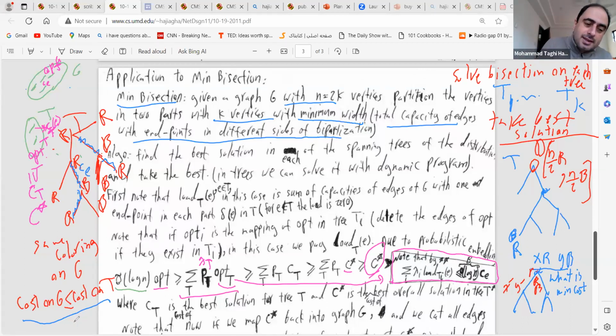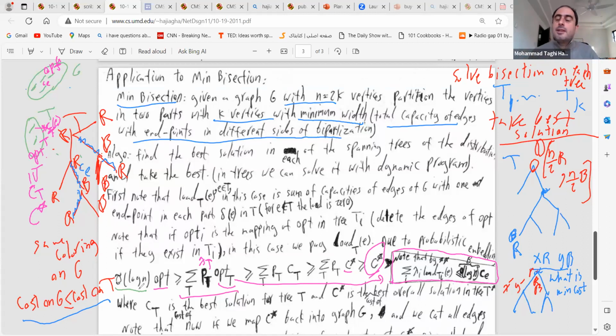So we knew that the solution that we will get on G would be at most this C star. And we know that C star is at most log n times opt. And this means that we have a log n approximation for the solution.